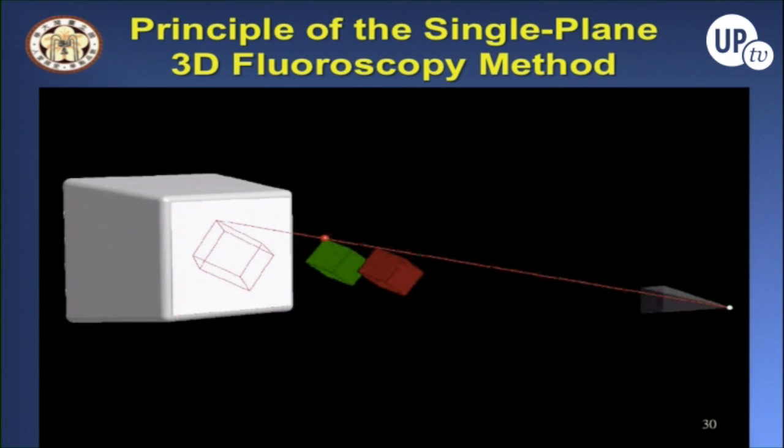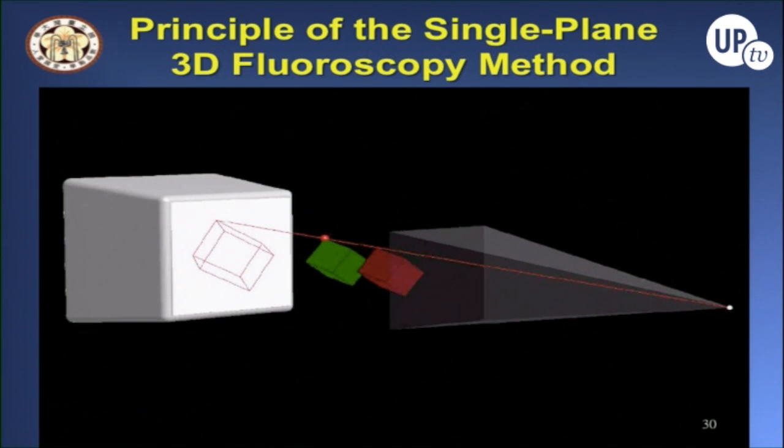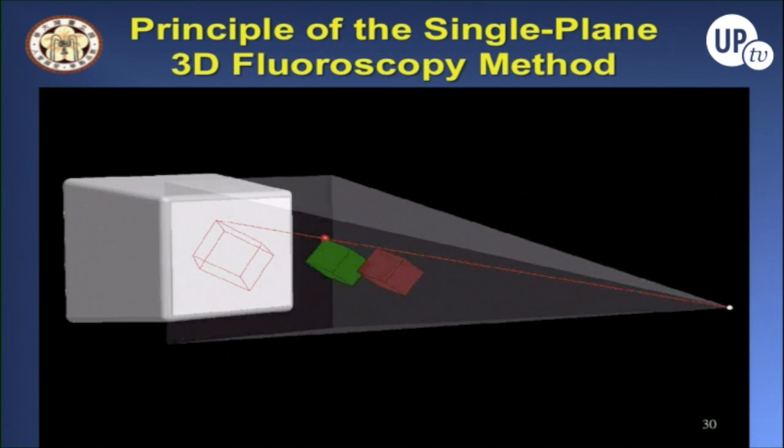But if we know the shape or geometry of the object in space, instead of only a point, we can see that the projection of the object on the image varies when the object moves towards and away from the image plane. I'm not sure whether you can see this.